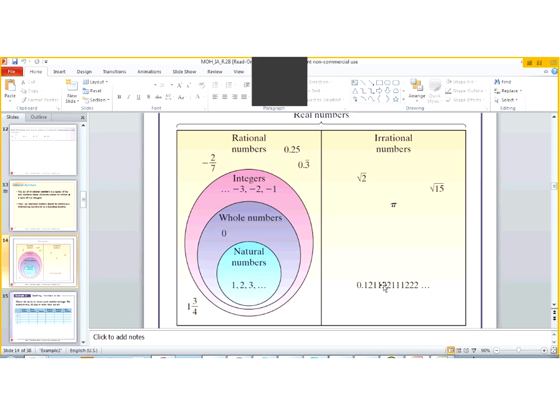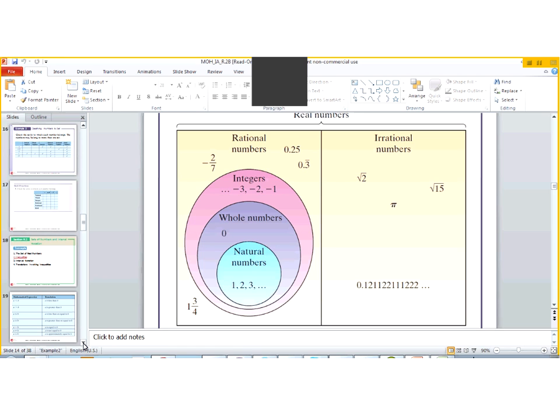Irrational numbers, the classic example would be pi. The numbers after the decimal point never end, never terminate, and don't repeat. The square roots of prime numbers, like square root of 2, square root of 15, are examples of irrational numbers. Other than these examples, the rest are rational numbers. Again, if you have any questions on any of these, you can jump in and ask.